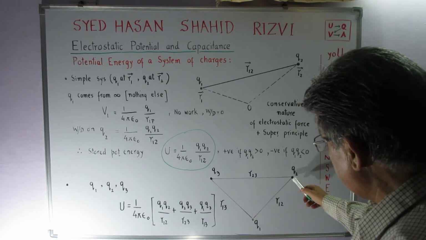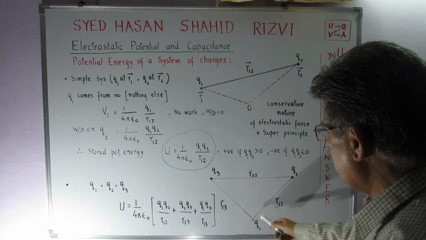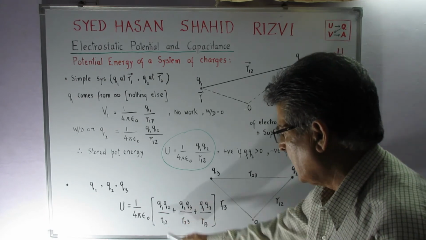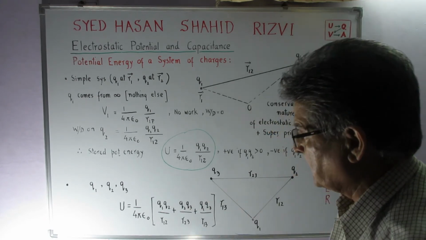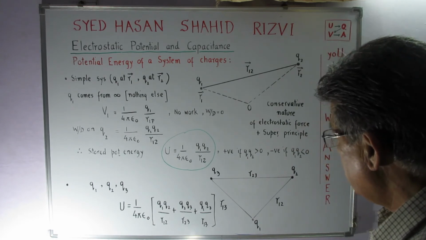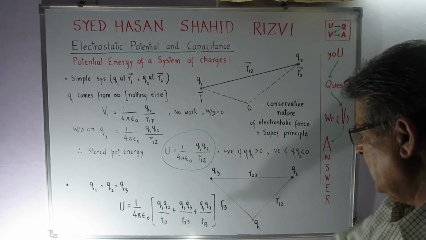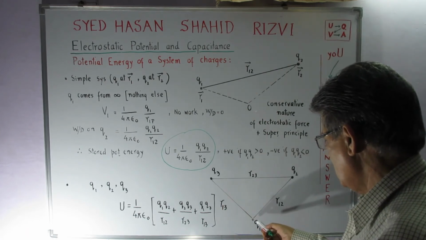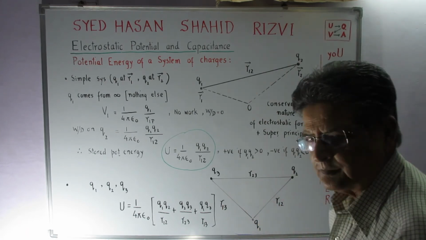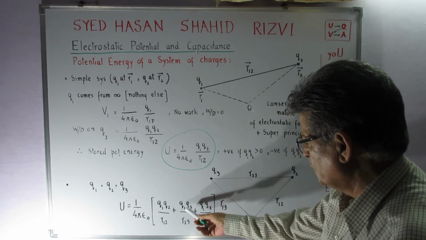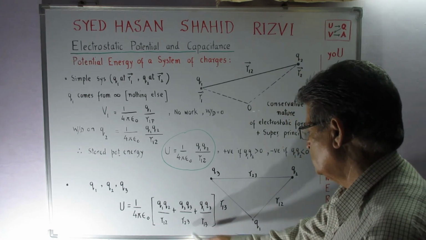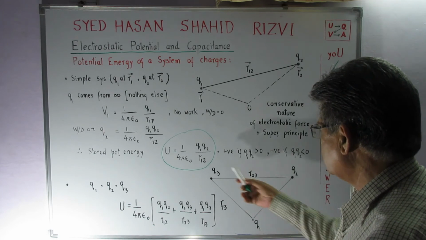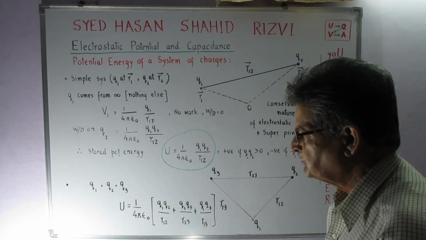When I bring in Q2, then I have to do the work Q1 Q2 upon R12 multiplied by 1 upon 4 pi epsilon naught. And when we are moving Q3 from infinity to this point, now both of them are active. So there will be Q2 Q3 upon R23 and Q1 Q3 upon R13.